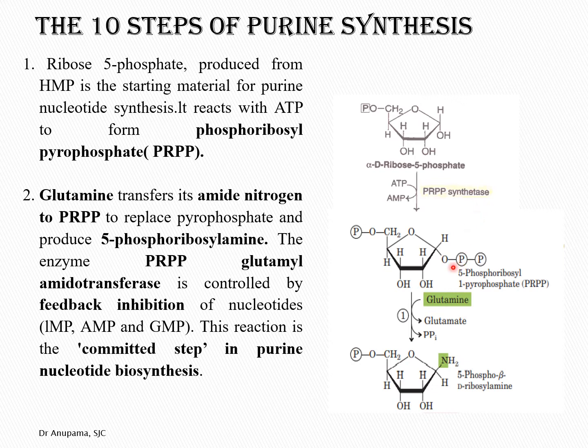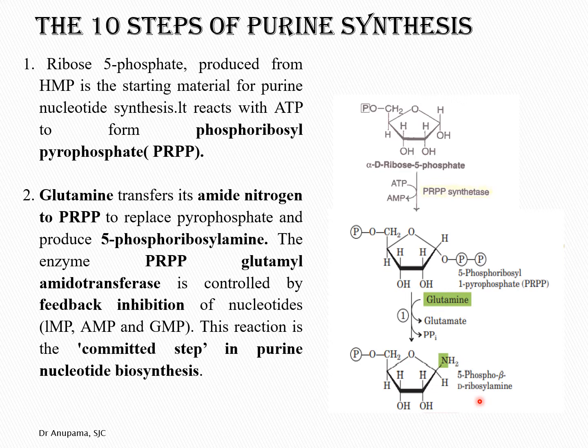The next step is the transfer of nitrogen from glutamine. Glutamine transfers its amide nitrogen to PRPP to replace the pyrophosphate to produce 5-phosphoribosylamine.